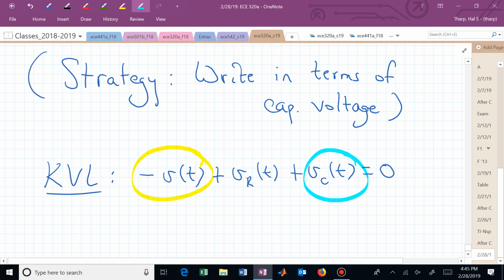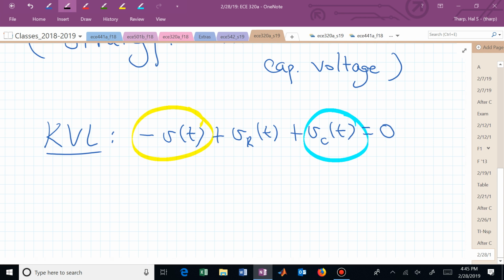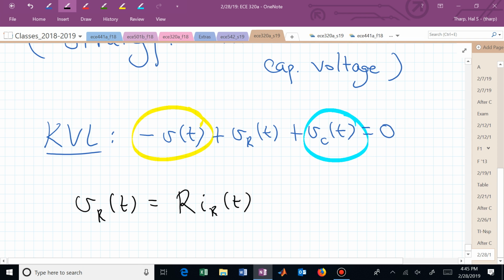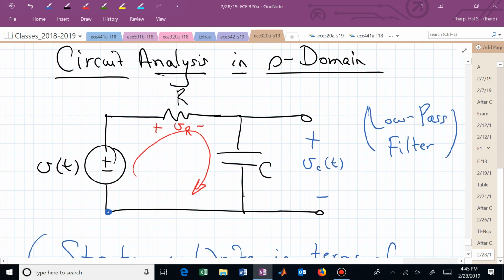Well, if you're in the interview and your wheels are spinning, you're thinking, I need to buy myself some time. Let's see, V sub R of t, Ohm's law, you're thinking. You may not want to say that in your interview, but you say, oh, the voltage across that resistor is R times the current, but I just have one current.